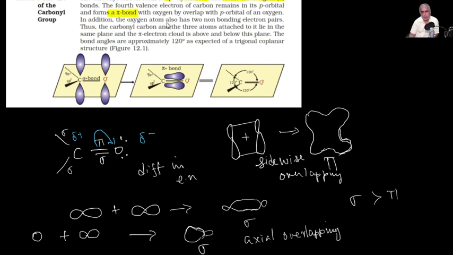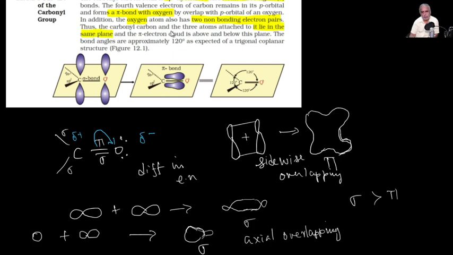So three sigma bonds and one pi bond with oxygen. Then it may overlap with the p orbital of the oxygen. In addition, this oxygen has two non-bonding electron pairs. And then the carbonyl carbon and the three atoms attached lie on the same plane. This is called coplanar.